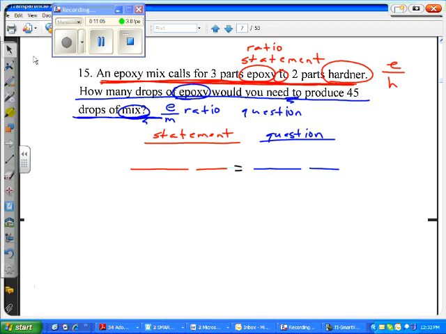My question is, do we make our proportion be what the statement says, epoxy to hardener, or what the question says, epoxy to mix? And obviously the answer has to be, we have to make the proportion say what the question says, or we didn't answer the question. And since the question is epoxy to mix, that means that both of our ratios have to be epoxy to mix.